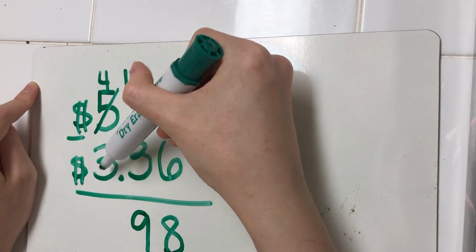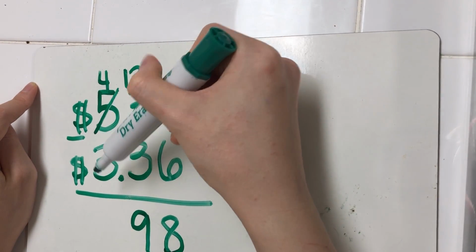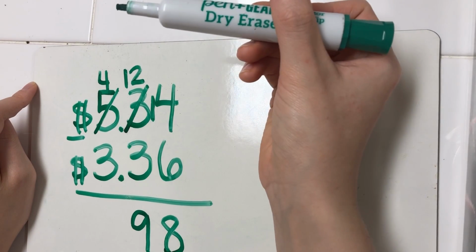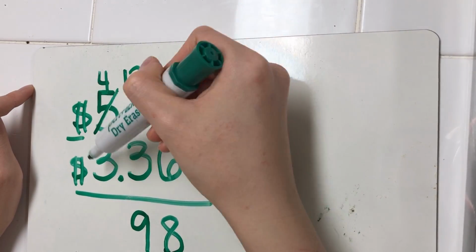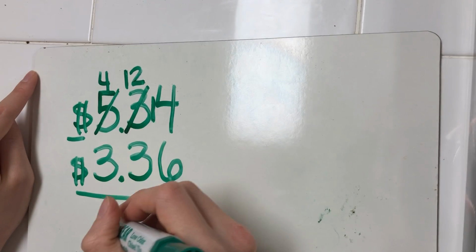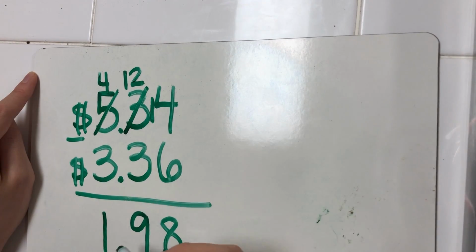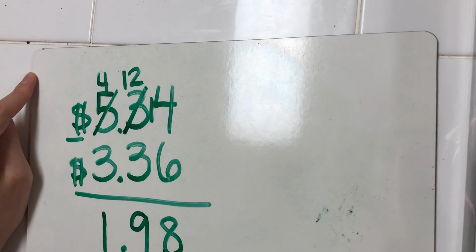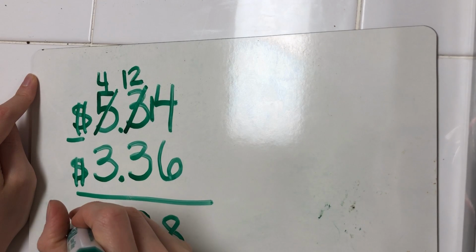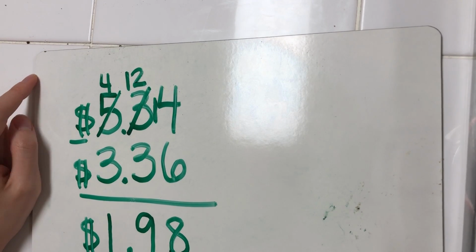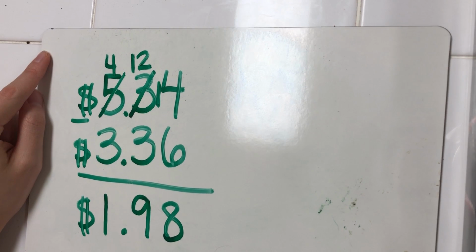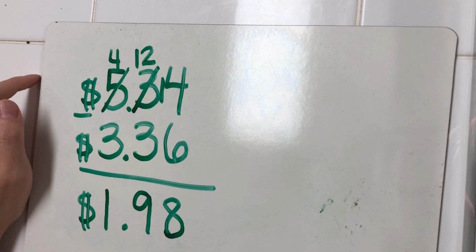Now on to the last one here. It's the hundreds place. And you can ask yourself, do you have enough hundreds, just to be sure? And we do. 4 minus 3 is 1. We don't want to forget our decimal here and our dollar sign. So $1.98 or 198. Now you can think, if I were to have estimated this, what might I have estimated this to?